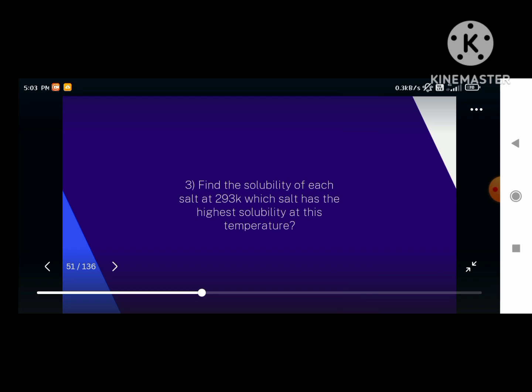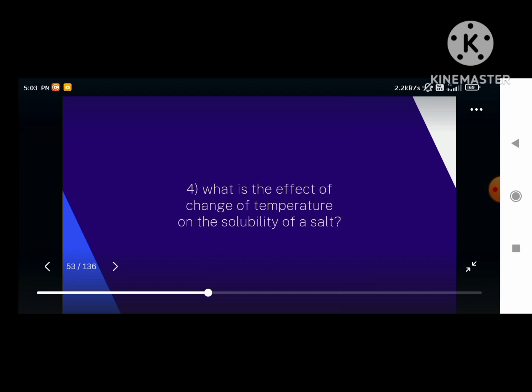Find the solubility of each salt at 293 K. Which salt has the highest solubility? So the answer for this is solubility decreases when the potassium chloride solution is cooled. Therefore, precipitate out of the solution is formed. What is the effect of change of temperature on the solubility of salt?